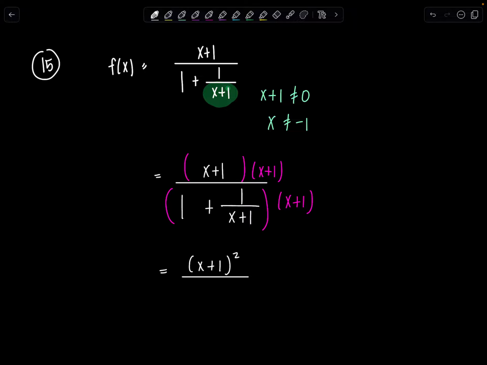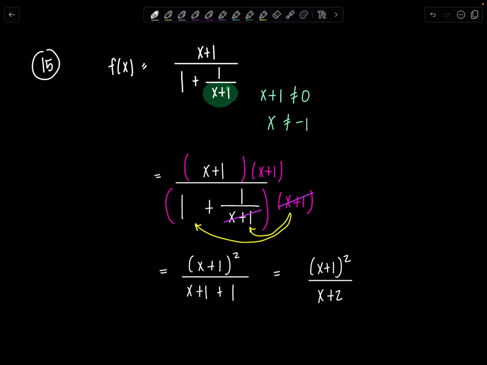But then be careful, this x plus 1 distributes. So you're going to have 1 times x plus 1, plus, and then over here, notice, cancel, I just have another 1. So this simplifies to x plus 1 squared over x plus 2.